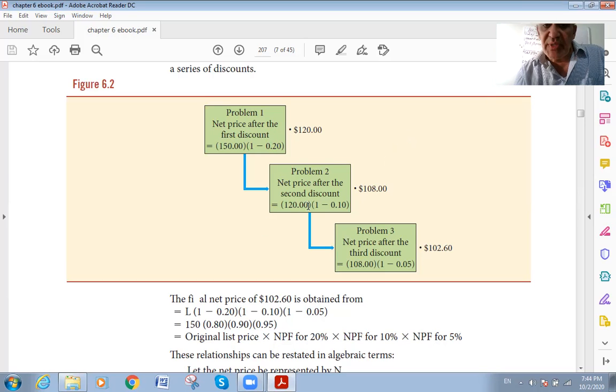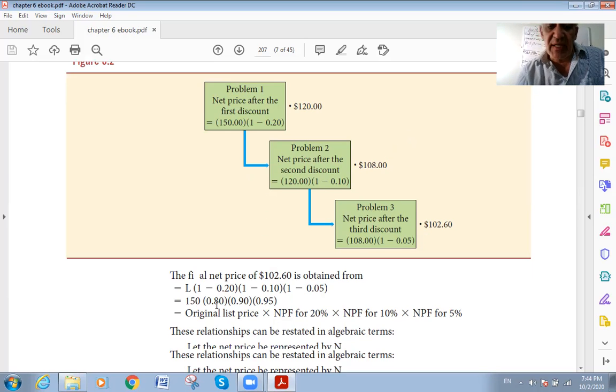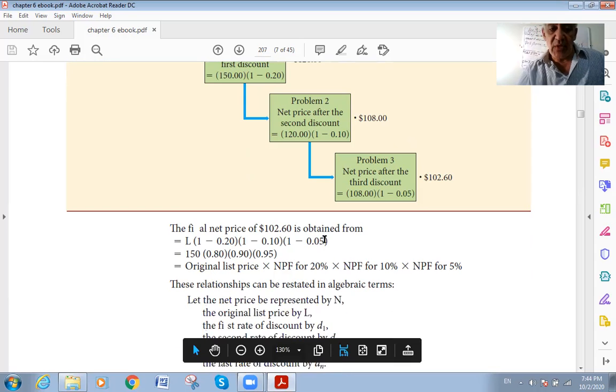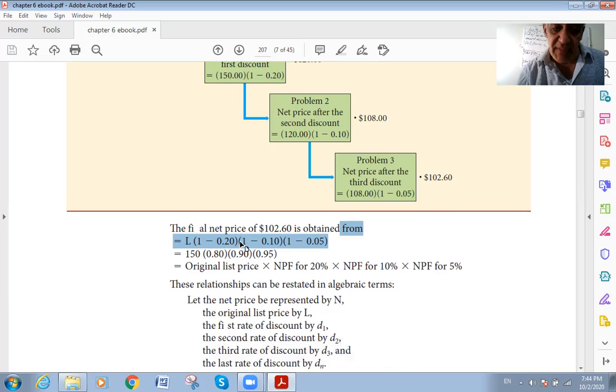So when I do this, I will get it in one line this way. Look here, please. That's what I want you to do. So the list price, L means list price, times 1 minus 20%, which is the first discount rate, multiplied by 1 minus 10%, which is the second rate, multiplied by 1 minus 5%, which is the third rate.